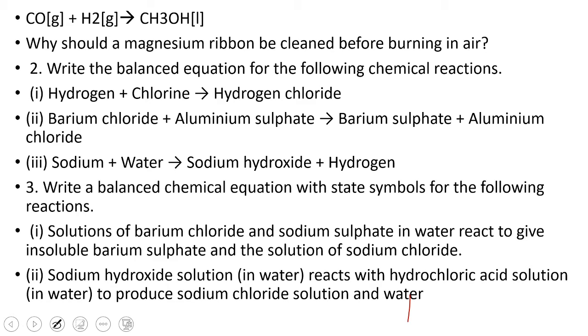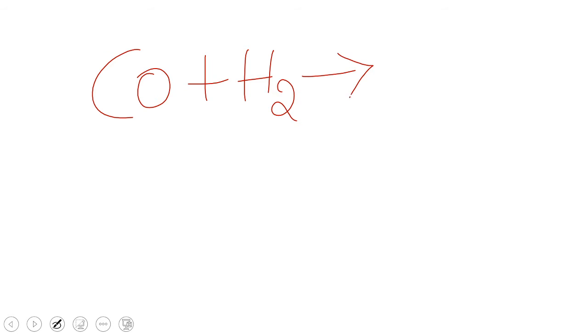Let's balance the chemical equation. Find out whether the reaction is a balanced equation or not. So, here I will write: CO plus H2 gives rise to CH3OH. So is this a balanced equation or not?